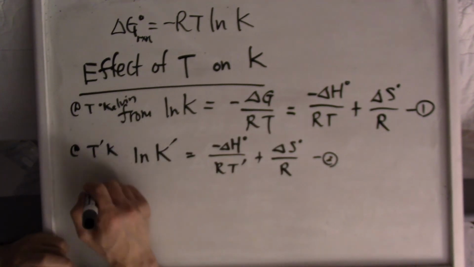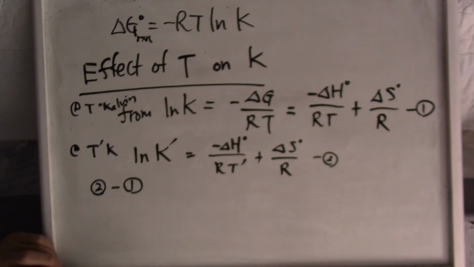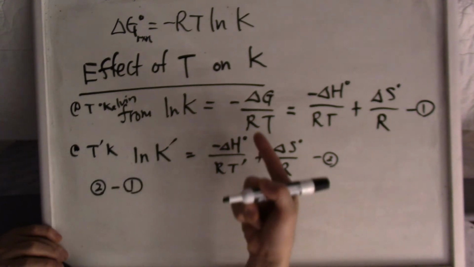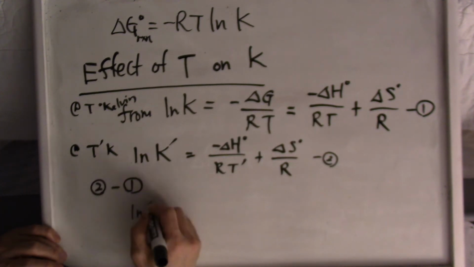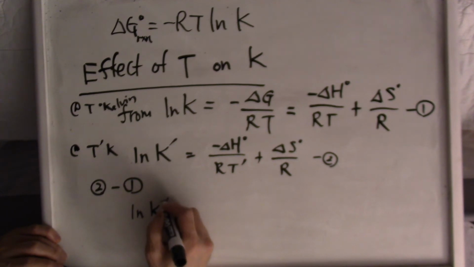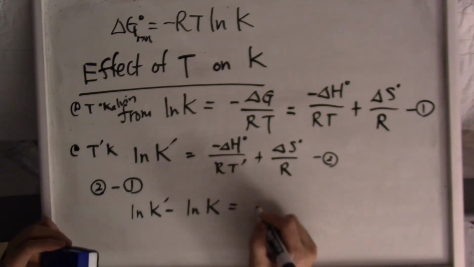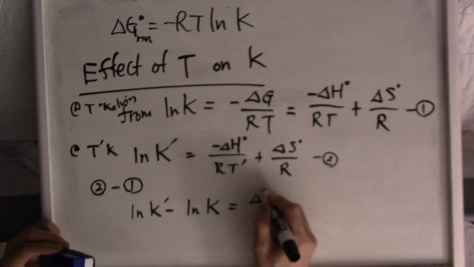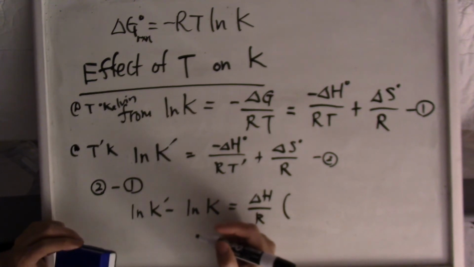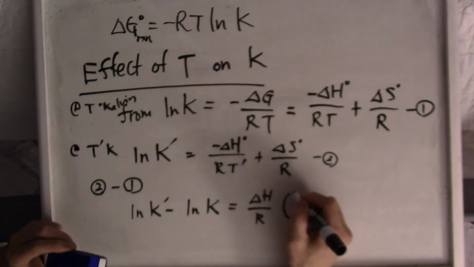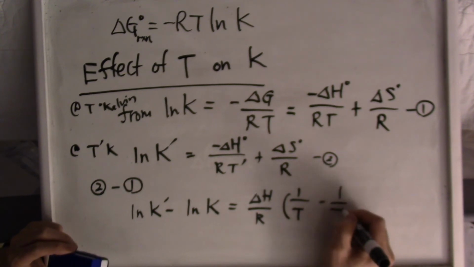Making it 2 minus 1, this minus this, it's going to be natural log of K prime minus natural log of K is equal to delta H over R times 1 over T minus 1 over T prime.